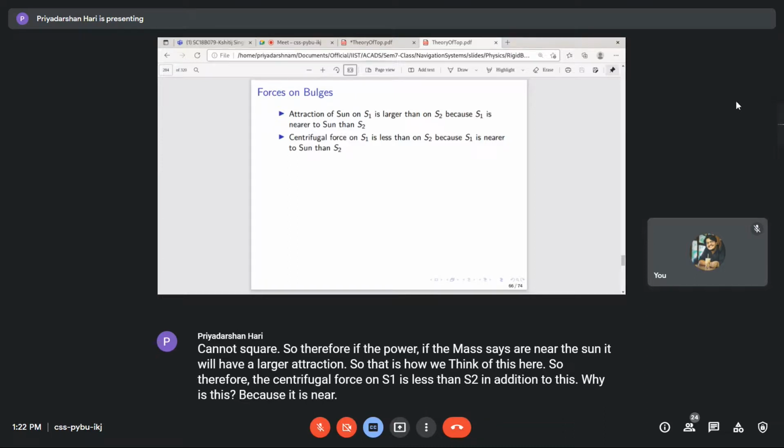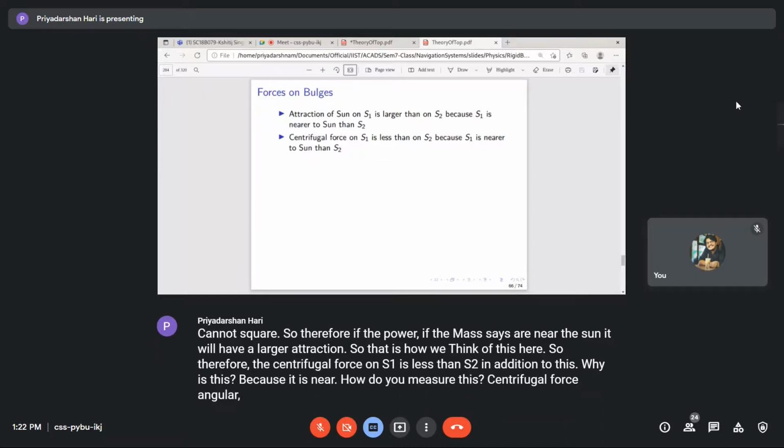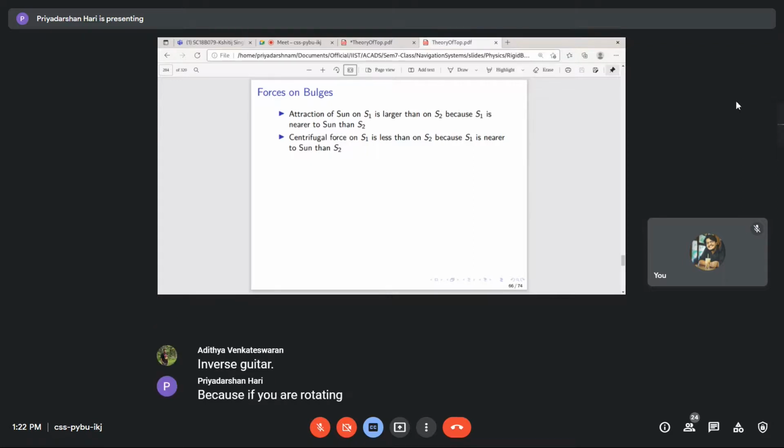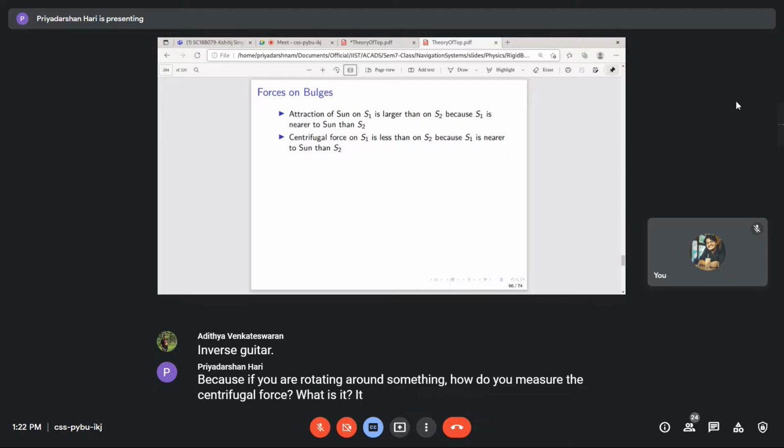How do you measure the centrifugal force? Angular velocity? Suppose you are rotating around something, how do you measure the centrifugal force? Is it directly related to R or inversely related to R?